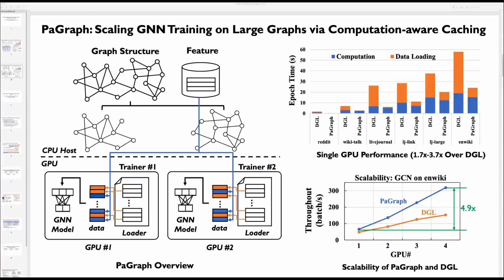Yeah, actually, I think this is a very interesting point. The redundancy in our work has two patterns in GNN sampling training: inter-batch redundant vertices and intra-batch redundant vertices.